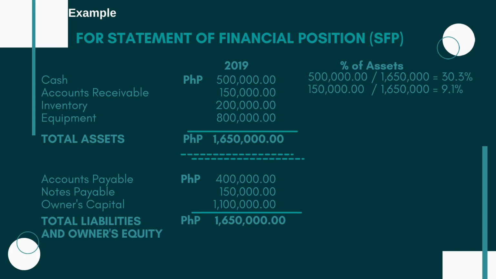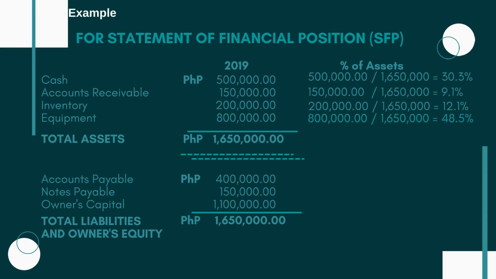In cash, 500,000 divided by 1,650,000 equals 0.33 times 100 equals 33.3%. In accounts receivable, 150,000 divided by 1,650,000 equals 0.090 times 100 equals 9.1%. In inventory, 200,000 divided by 1,650,000 equals 0.12 times 100 equals 12.1%.